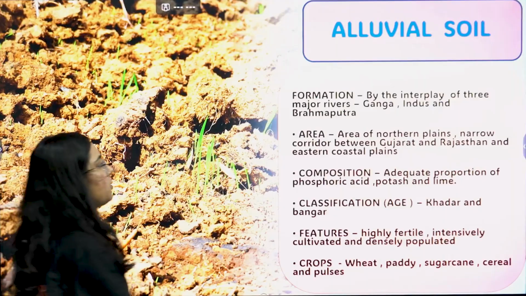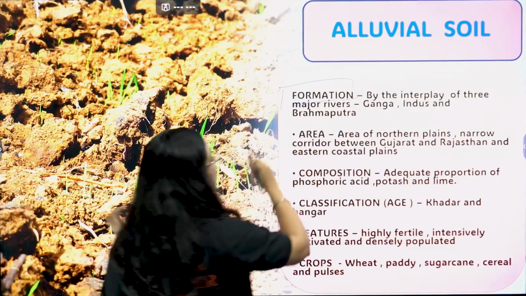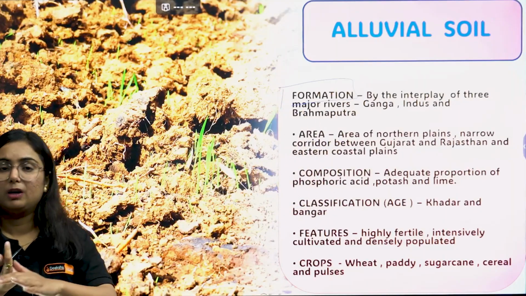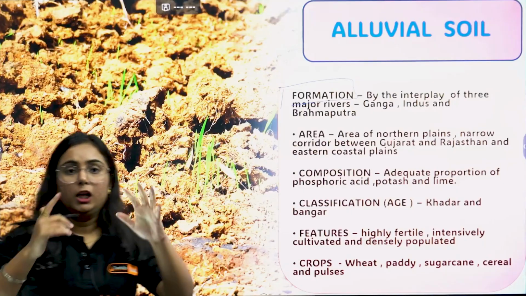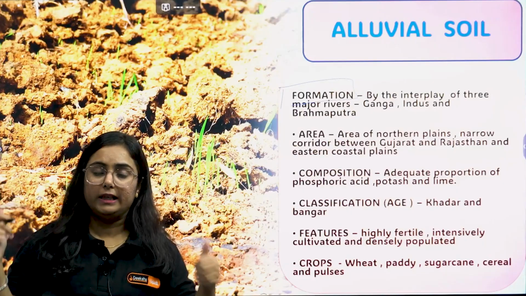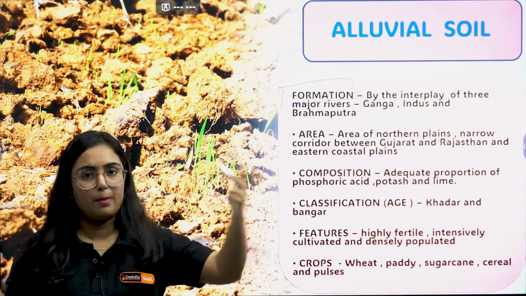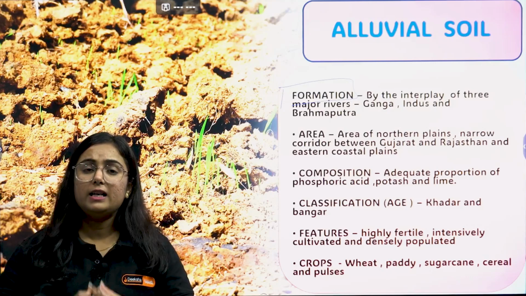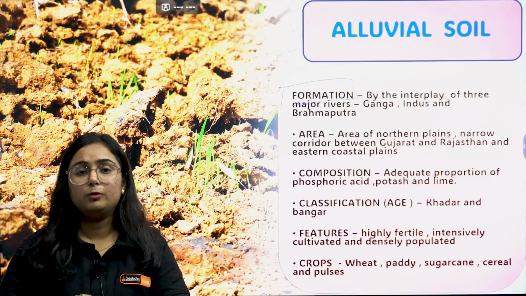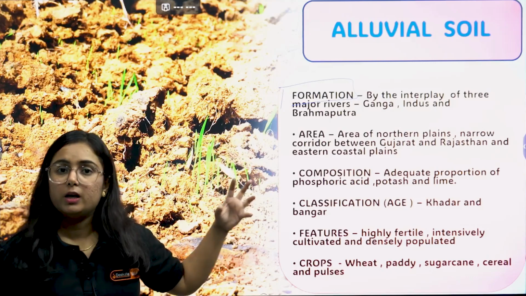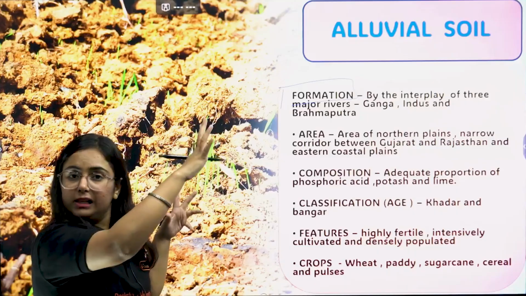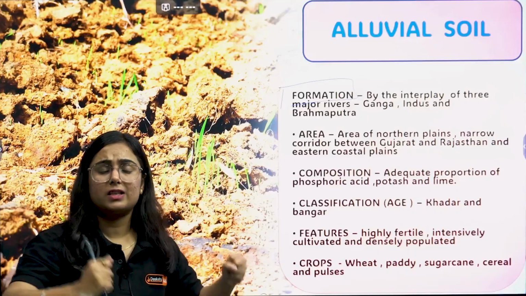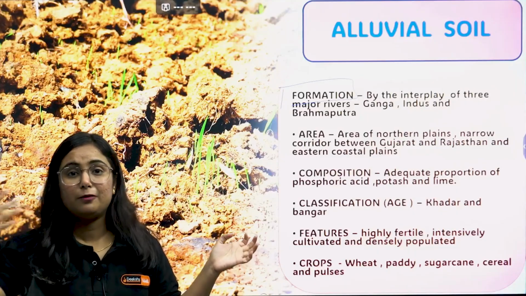So alluvial soil is formed by the interplay of 3 major rivers. I'm giving you points, pay attention. Look, there are 3 major rivers in India: Indus, Ganga, Brahmaputra. And we know that this Indus, Ganga, Brahmaputra is bringing water from the north Himalayan region with extensive pressure.